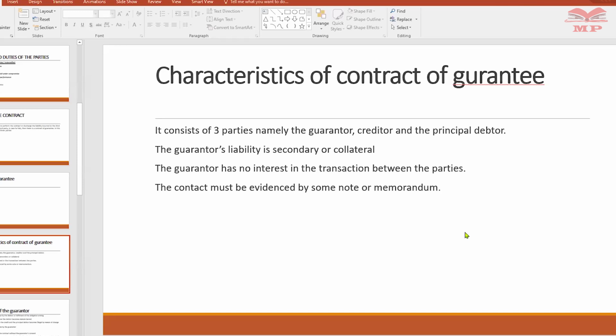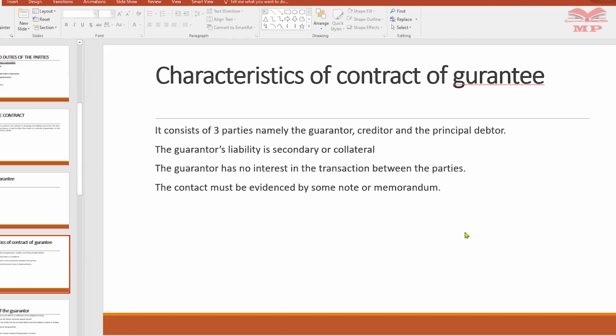There must be a witness that will be able to identify the transaction that took place, when it took place, the amount involved, the parties involved.